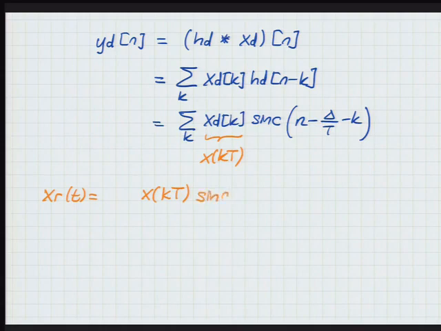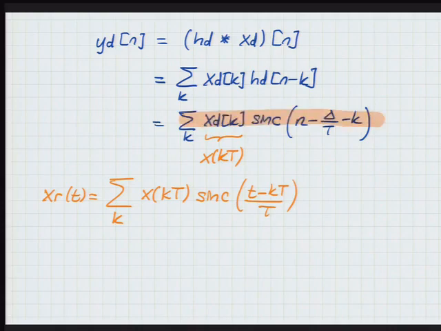Sinc of t minus kT by T. And you sum those over all the samples, and that's the nice and smooth interpolation between the sampled values, right? So how does this expression here compare to the reconstructed signal? What's the connection? Does it look like it?